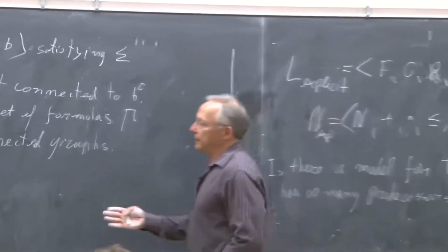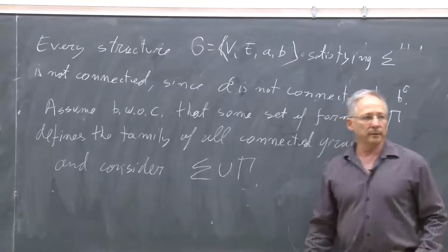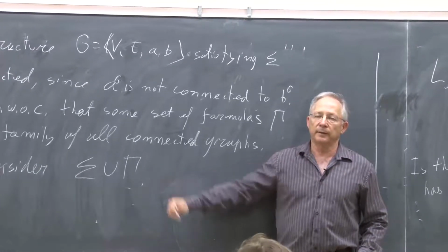And we ask, is this satisfiable or not? So is sigma union gamma satisfiable?